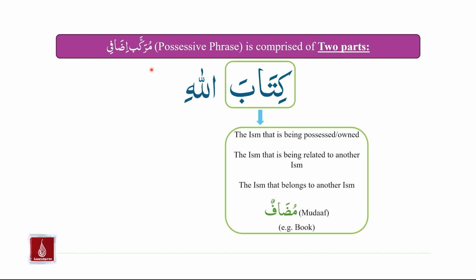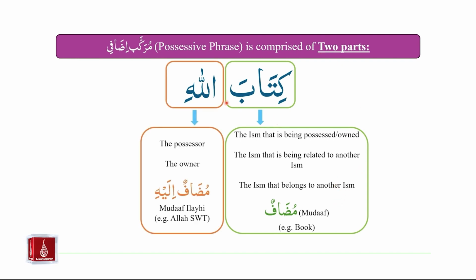So, murakkab izafi or possessive phrase will have two parts. The first part is called mudaf, and the second part is called mudaf ilay. Mudaf ilay is the possessor, or it is the owner. In case of kitab Allahi, ism kitaba is the mudaf and ism Allahi is mudaf ilay.